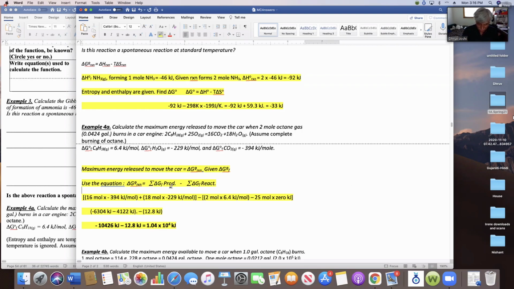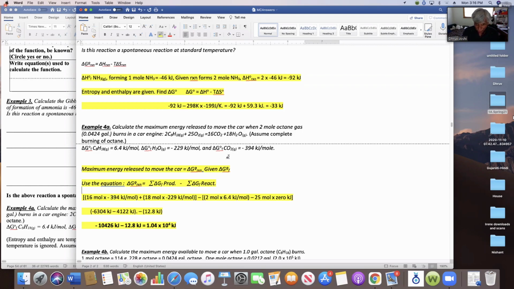Delta G reaction equals the sum of all the delta G of products minus the sum of all delta G of the reactants. So we have 16 moles of carbon dioxide, and 1 mole of carbon dioxide has negative 394 kilojoules of delta G of formation. So 16 moles multiplied by 394 per mole equals negative 6304 kilojoules.